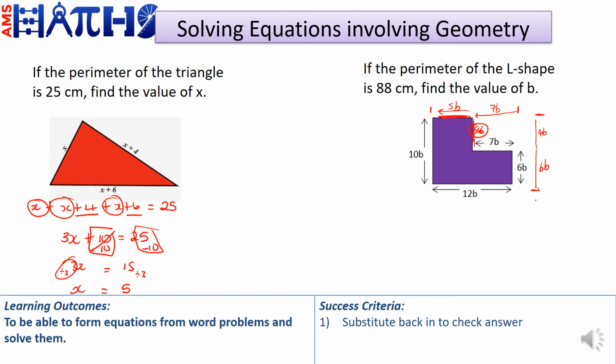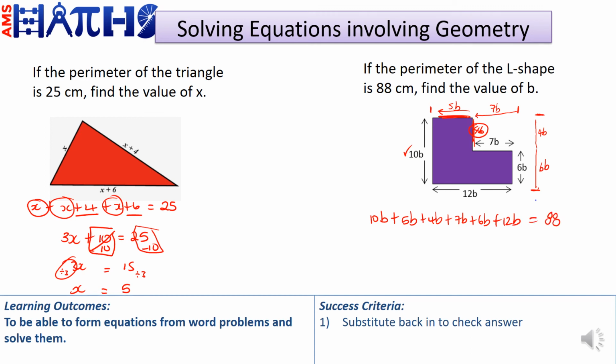All we need to do is just add all the sides and make it equal to 88. So I'm going to start from 10b, so 10b plus, going clockwise, 5b plus 4b plus 7b plus 6b plus 12b. All of those sides should add to give 88. As the question says, the perimeter is 88.